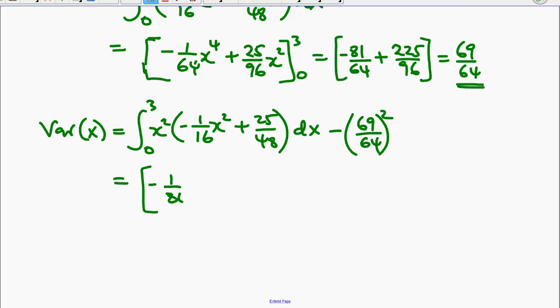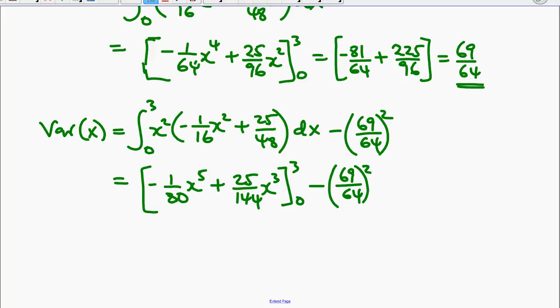negative 1 over 80 x to the power 5 plus 25 over 144 x to the power 3, minus 69 over 64 squared.